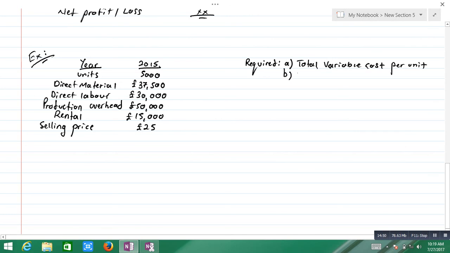D, total contribution. E, total fixed cost per annum.